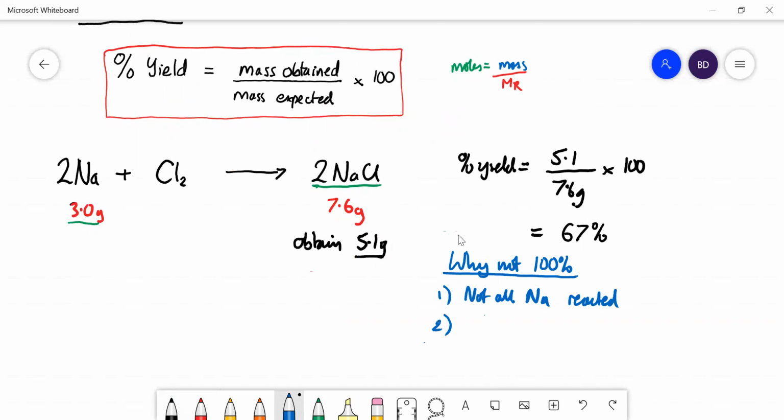Then, the next best reason I would say is, perhaps the sodium that you got was not pure, or more generally, the reactants were not pure.